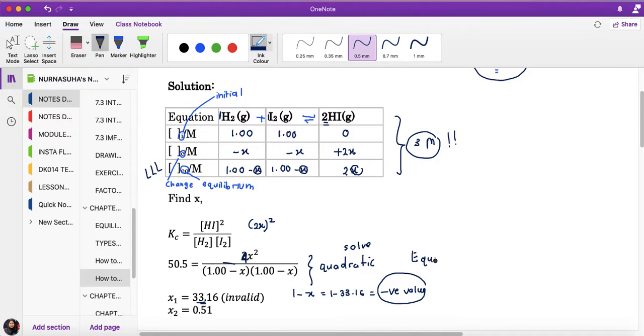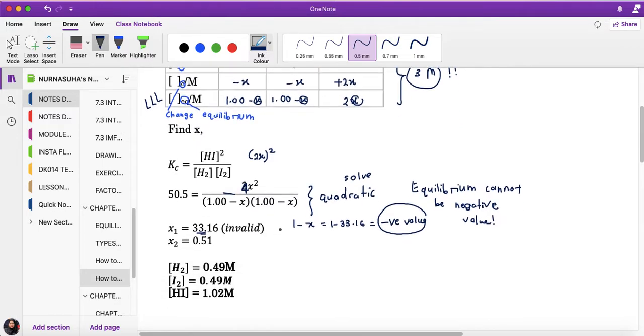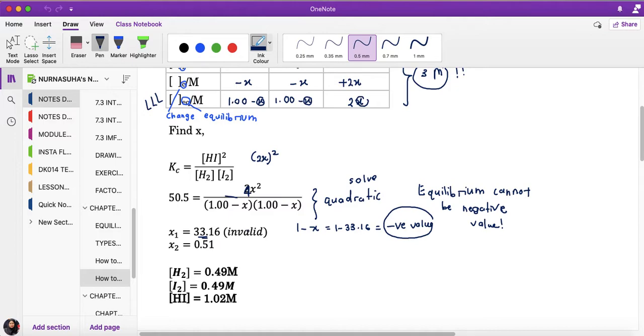Equilibrium cannot be negative value. Okay. So, maksudnya this X value is invalid lah.